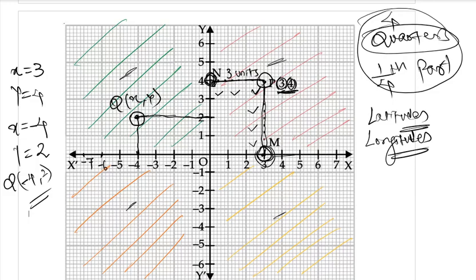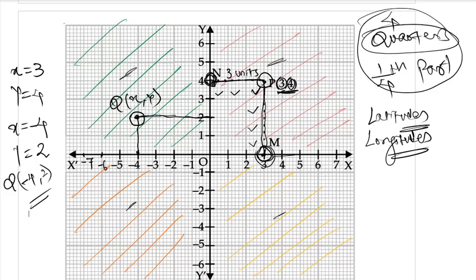What is x coordinate? X coordinate is the distance of a point from y-axis, or the point which joins the x-axis when joined with a perpendicular line.